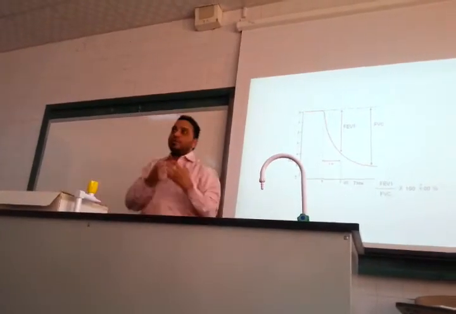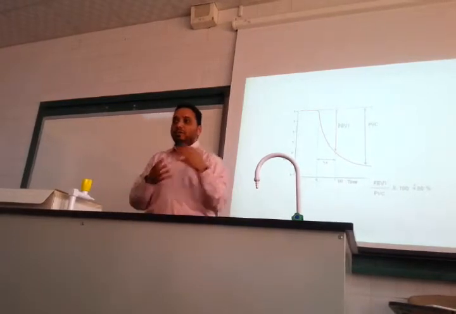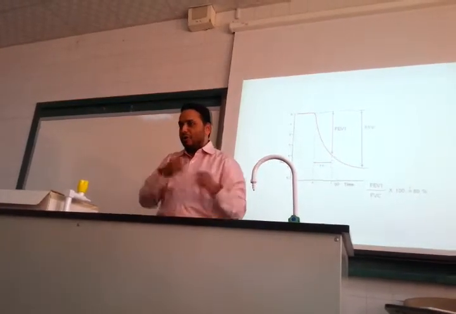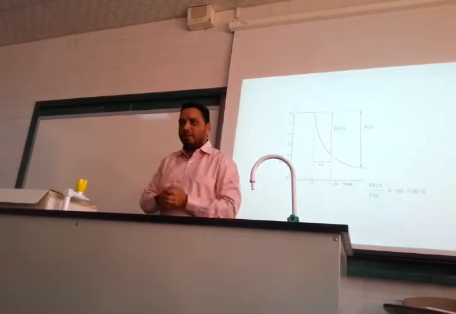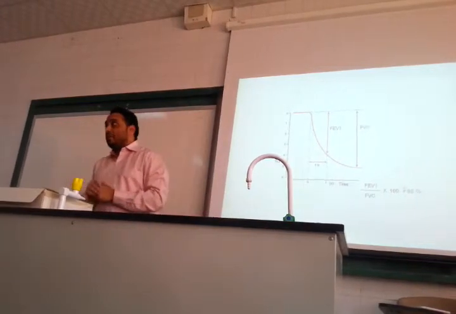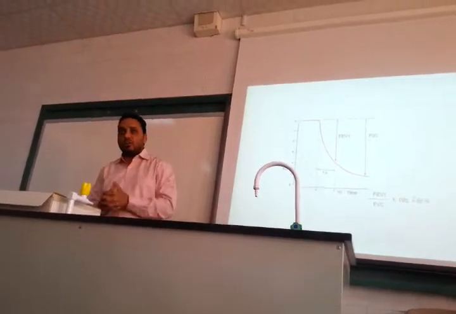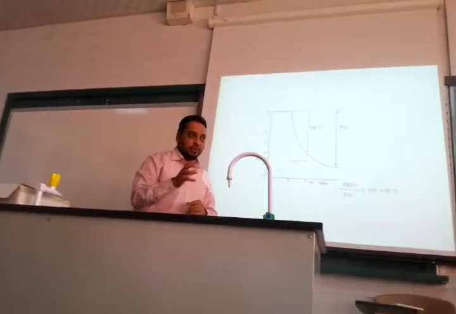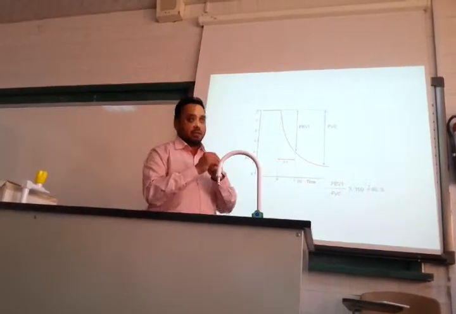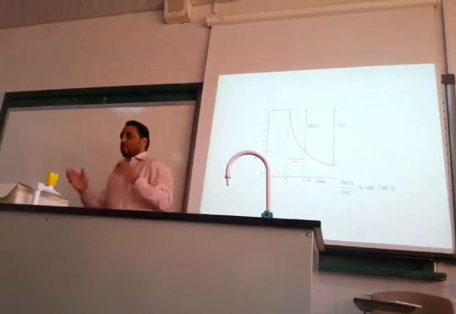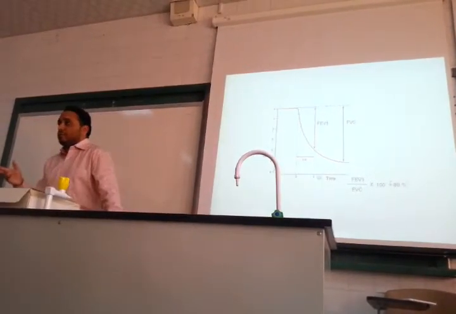So obstruction to flow of air, obstructive diseases like asthma, for example, or tumors, or any number of diseases. Restrictive, on the other hand, will be some changes occurring in the respiratory system itself, like interstitial lung disease, for example, or fibrosis, TB.